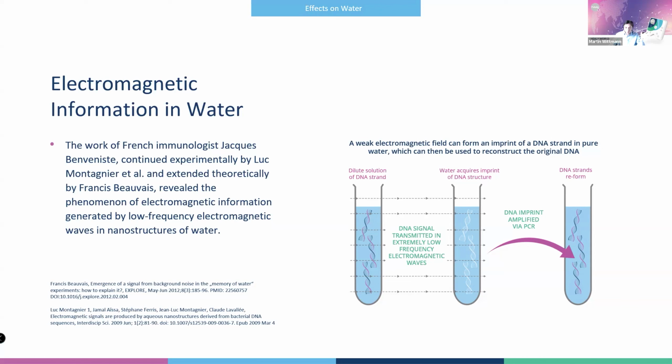So what they did, they put DNA strands inside, so really normal DNA. Then they removed the DNA, but the information obviously was still in the water, and then they simply used a DNA imprint amplifier, so via PCR, and the DNA formed again, so the original DNA. So this, of course, shows that water is a very, very powerful storage of information.